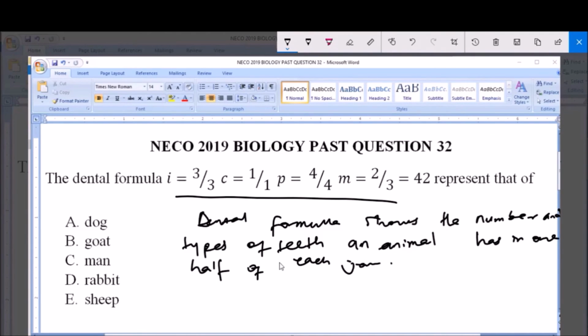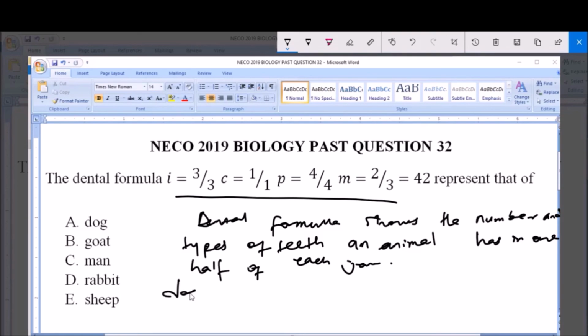So, meaning that dental formula represents the number of teeth an animal has in 1/2 of each jaw, that is both upper and lower jaw. Now, the ones in the numerator represent the upper jaw and the denominator represents the lower jaw. Now, let's briefly establish the dental formula of these following animals.